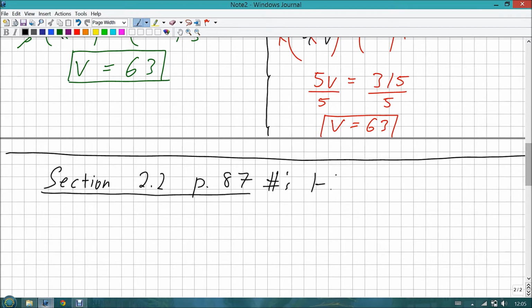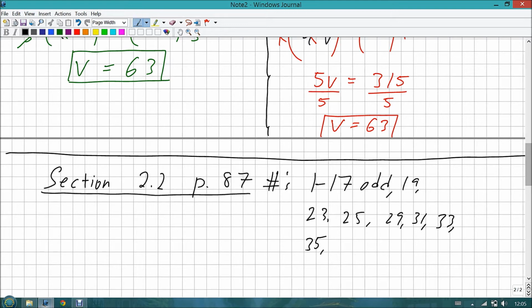1 through 17 odd, 19, 23, 25, 29, 31, 33, 35. Oh, that should be a 5. And that should be a 3.